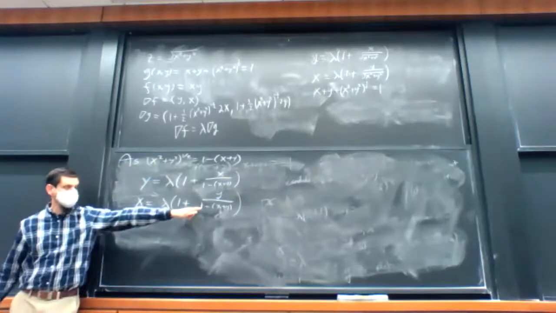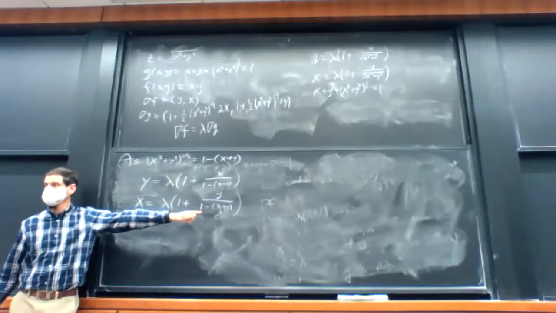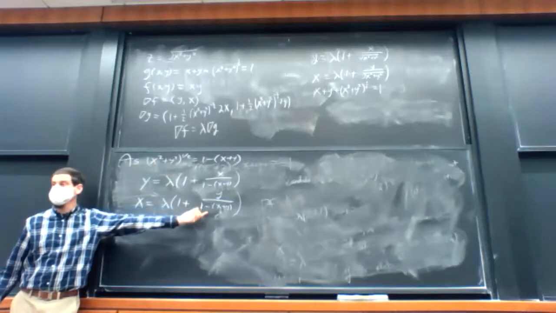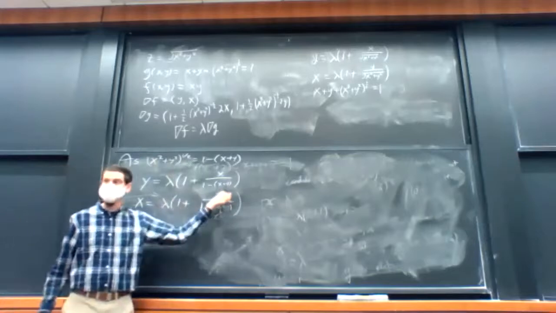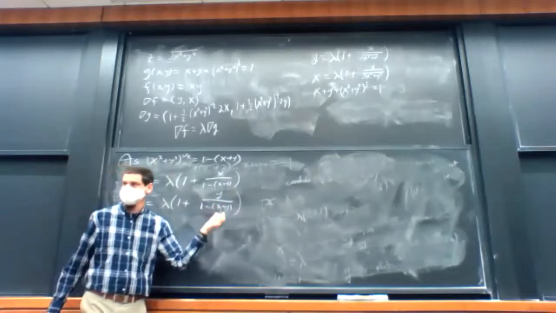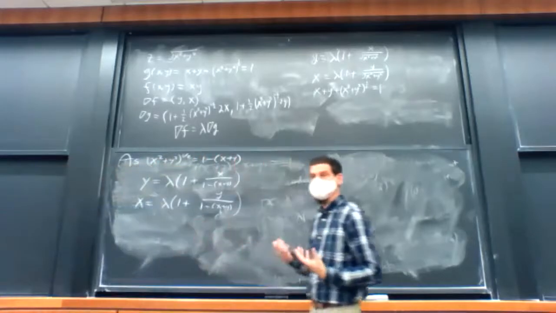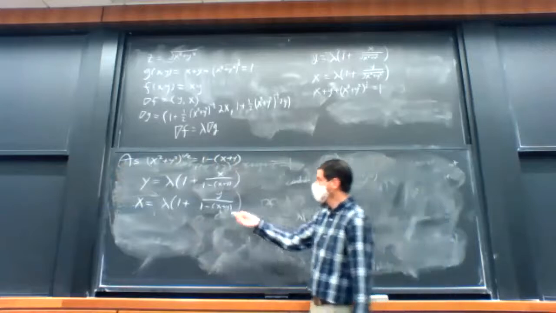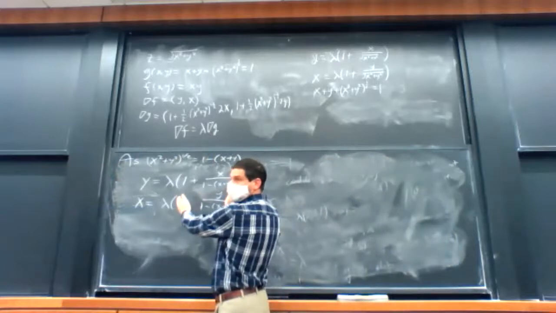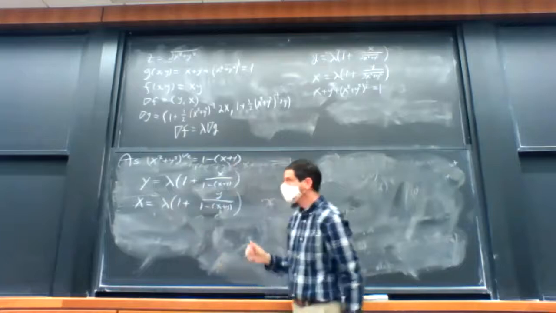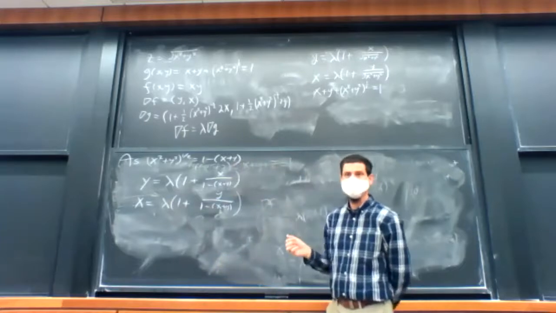So we know x plus y is less than 1. So the denominator here is positive, so this expression is positive. You can see how bad the problems become very quickly. But I know this has to be positive, so there's no way this number can be 0. So the only danger is if lambda is 0. But if lambda is 0, then x and y are 0, which is impossible.